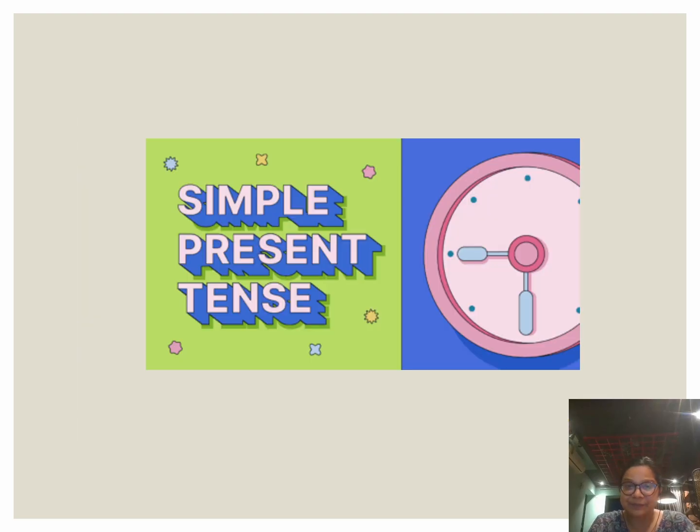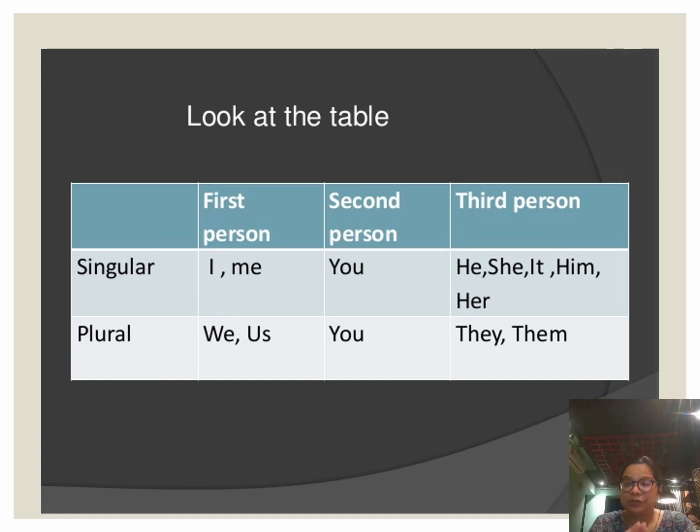Now why is it important? Because to discuss simple present, first we must know the subject and the object, and another very important thing we must know is the first person, second person and third person, because only in the simple present there is a change when it is the third person.